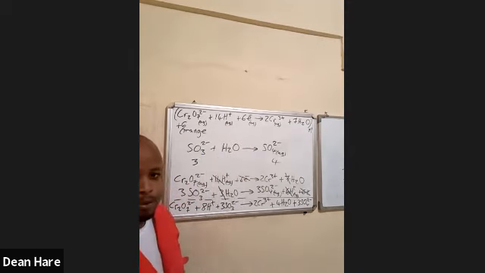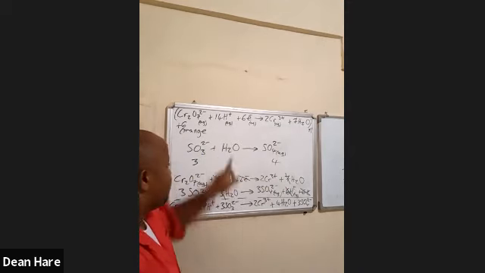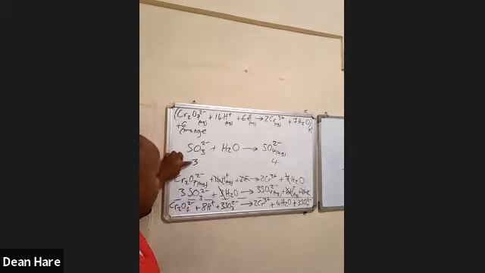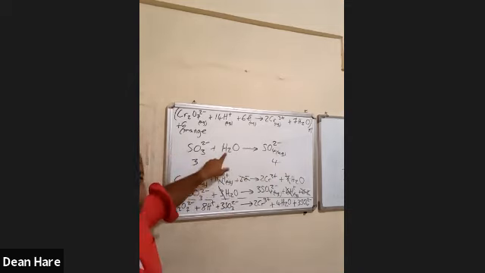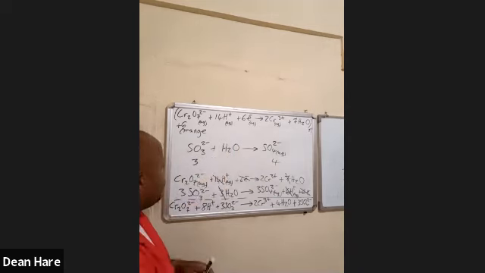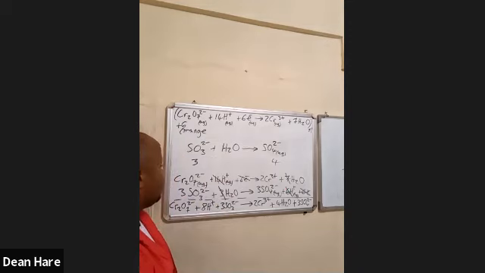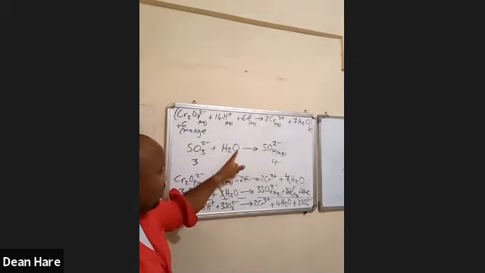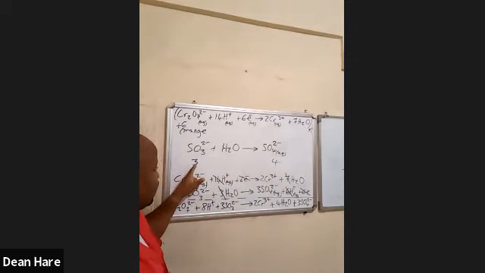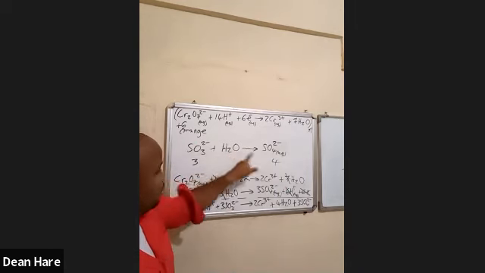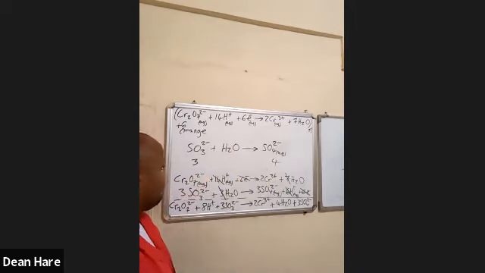So every time you want to balance oxygen, you add water. Because the oxygen is lower on this side, we add water on this side. Each water molecule has 1 atom of oxygen, so we only needed 1 more oxygen to bring this up to 4. So 3 and 1, that's 4.